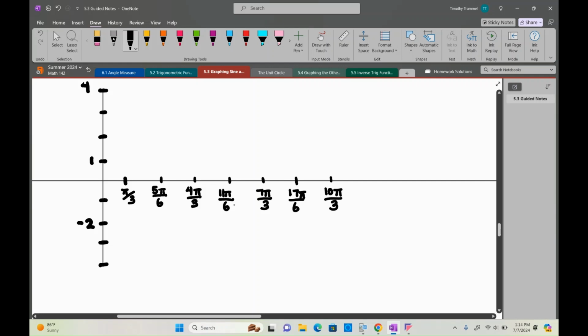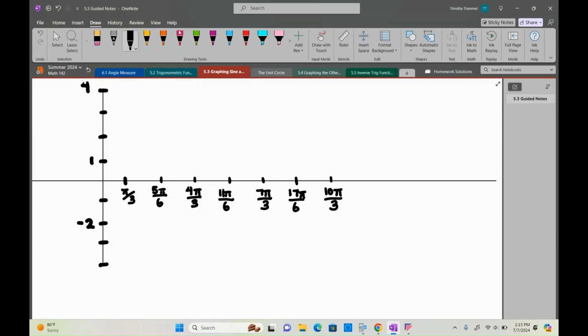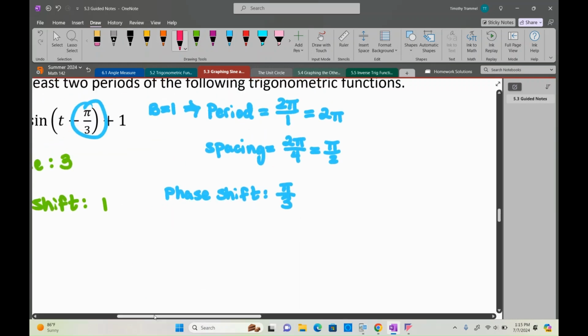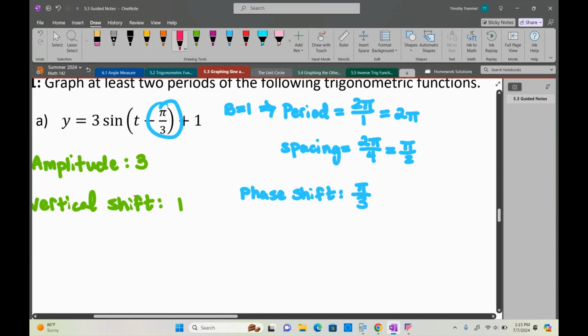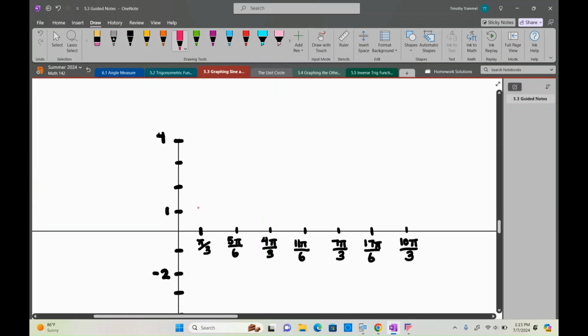All right, so we can probably get the graph done from here. What I want you all to remember at the moment is we're working with sine, and sine starts at the middle of the wave. Now the middle of the wave for us has been scooted up 1 unit.